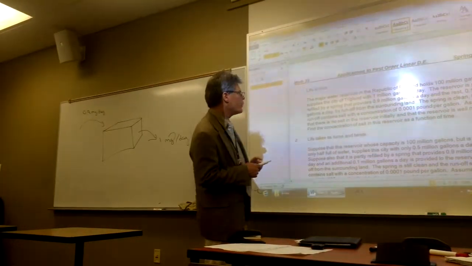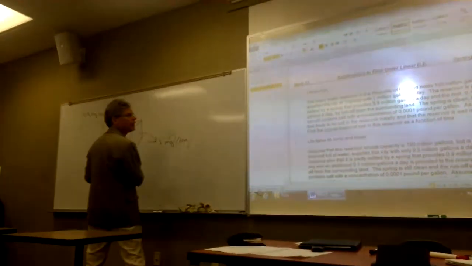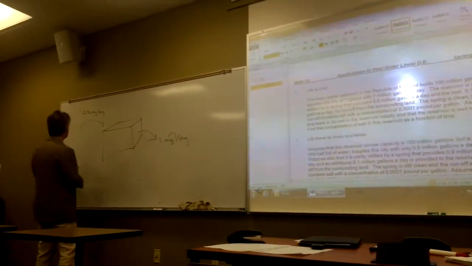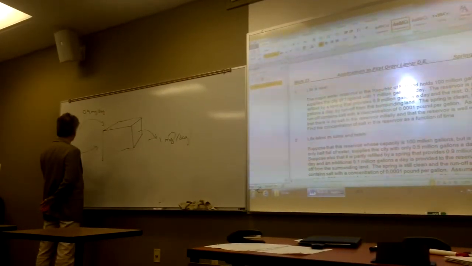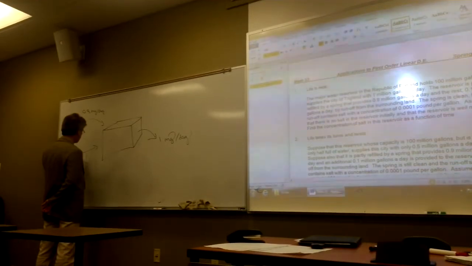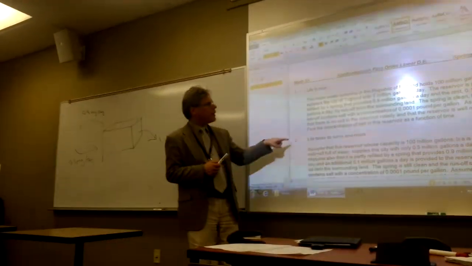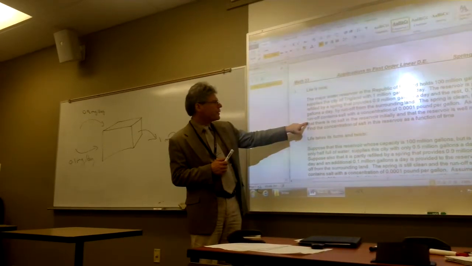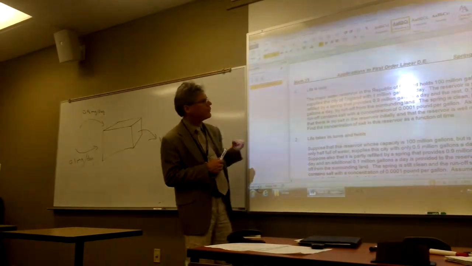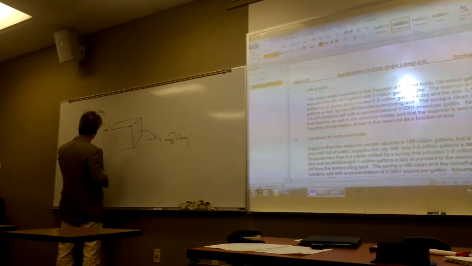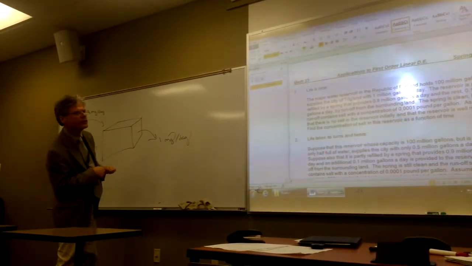And the rest, 1/10 million gallons a day, is provided by runoff from surrounding land. So another 1/10 million gallons per day. Now the spring might be clean, but the runoff contains salt with a concentration of 0.0001. Oh, what are my units, you guys? Pounds per gallon.